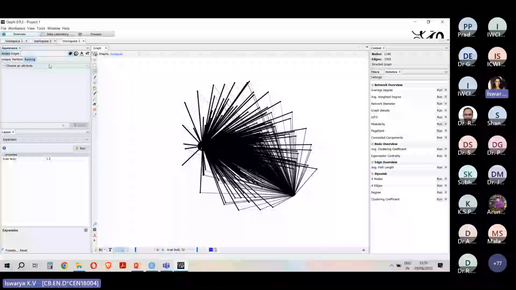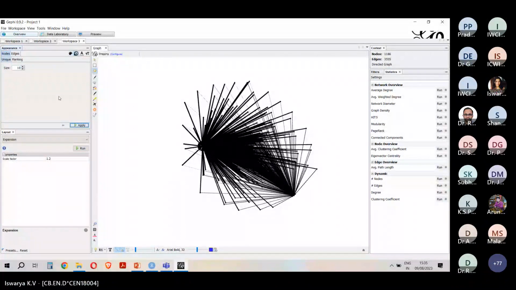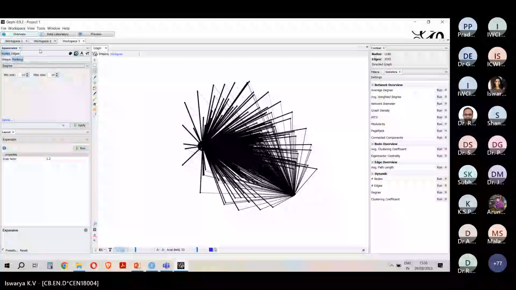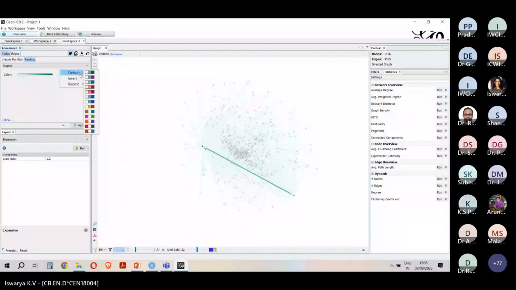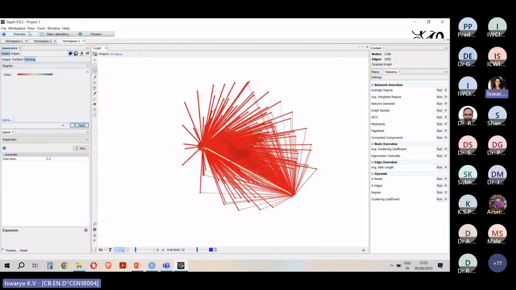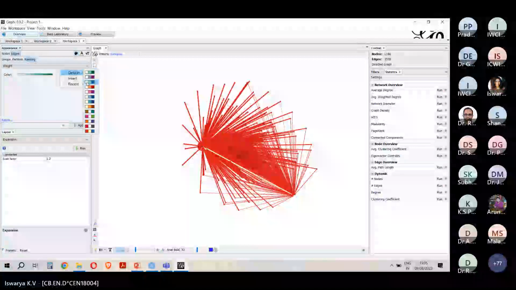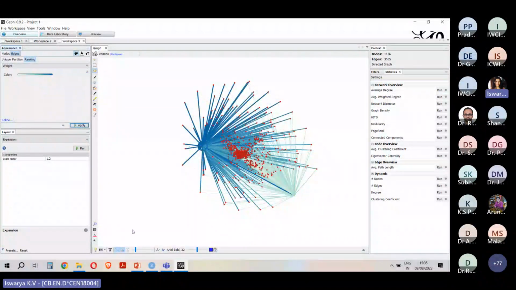Similar to the previous time, we will just apply green to pale. You will have to play around with these settings a bit so that you can get the best representation for your data. So this is the graph that we have using the recurrence network.